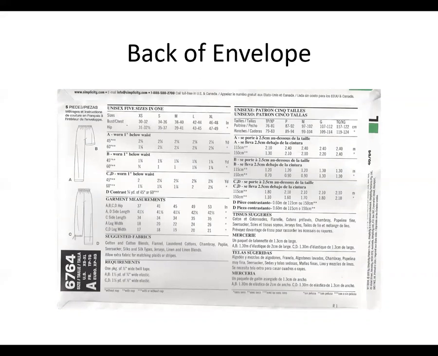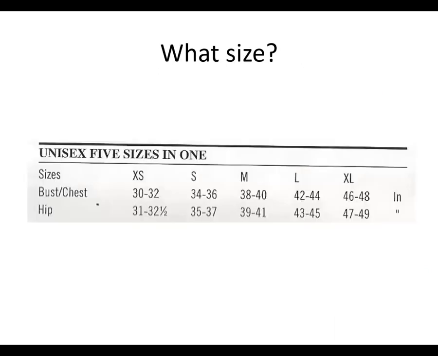And you'll notice A and B are together and C and D are together. That indicates that A and B use the same pattern pieces, one is just shorter than the other, and C and D use the same pattern pieces, just one is shorter than the other. So let's break down what is on the back, starting at the top.